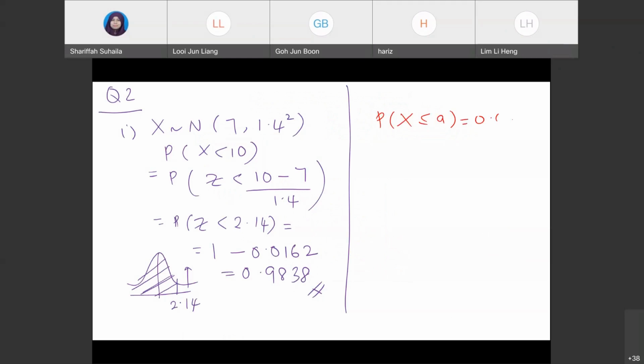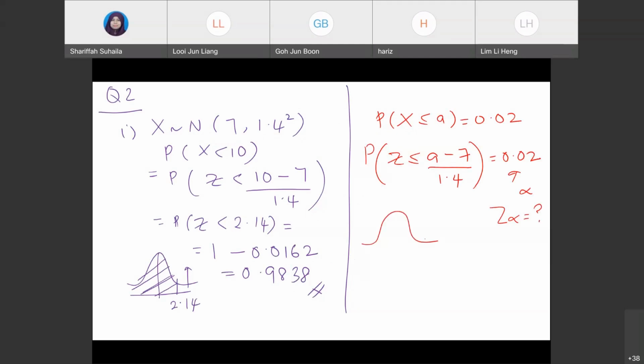The same procedure: we standardize. A minus your mu, which is 7, divided by your standard deviation, 1.4, equals 0.02. This is your alpha. You want to find your Z alpha. First we look at the location, either positive or negative.